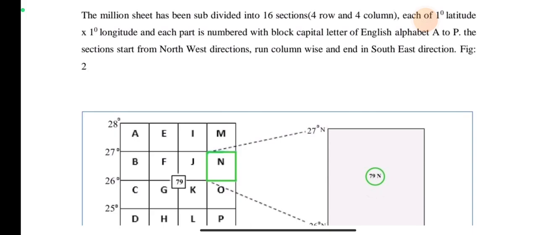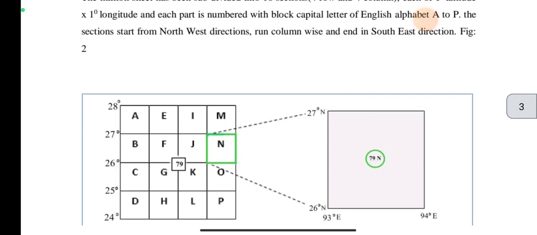Now see, the million sheet has been subdivided into 16 sections, 4 rows and 4 columns, each of 1 degree latitude and 1 degree longitude, and each part is numbered with a block capital letter of the English alphabet, A to P. Already I discussed, the sections start from the northwest direction. You can see this is the northwest direction.